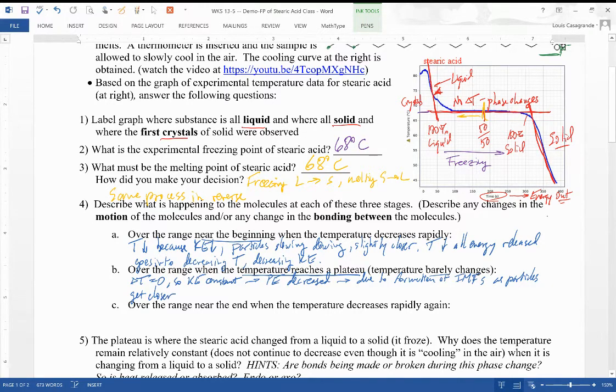So a decrease in the potential energy also corresponds to a decrease in the distance between the particles. So we have formation of those intermolecular forces.